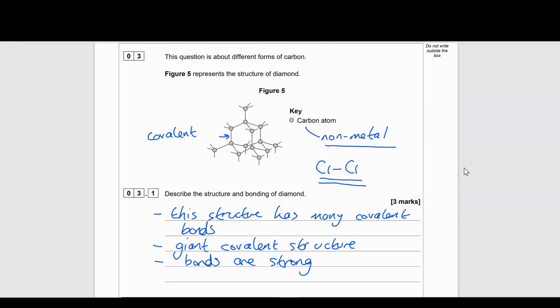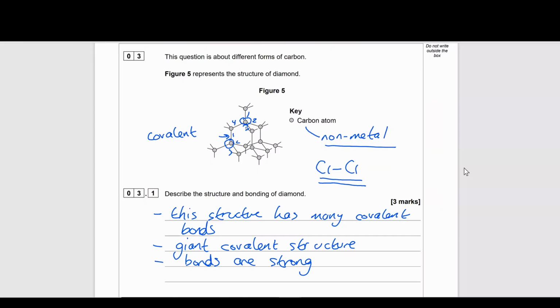And then lastly, let's look a little bit more carefully at the structure. The other thing that we can talk about is the number of bonds. So let's take this carbon atom here in the center. How many bonds are coming from this carbon atom which I've circled? 1, 2, 3, 4. So let's take another example.